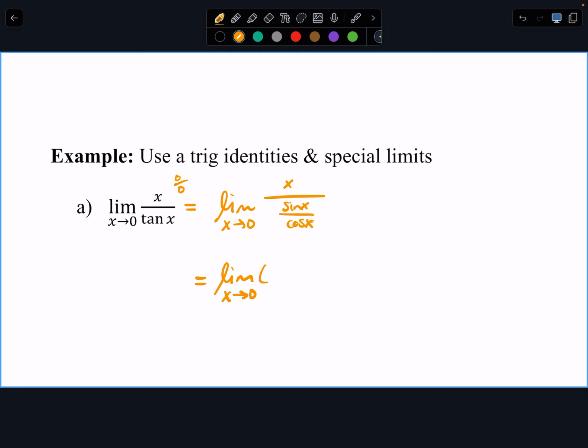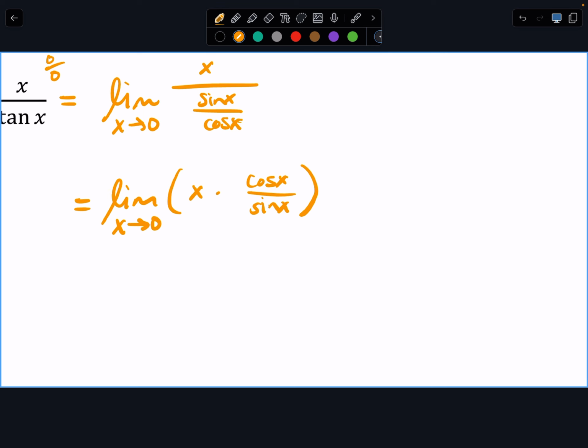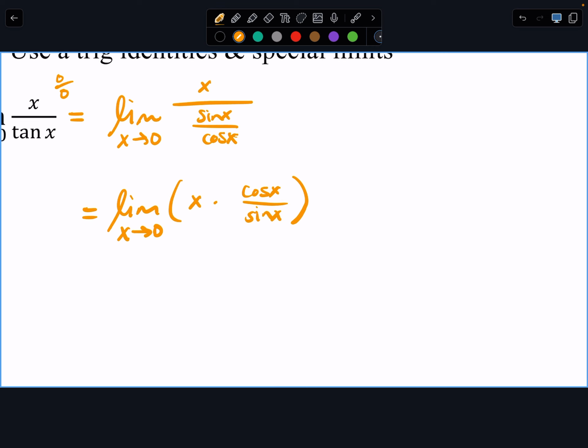You're dividing by a fraction, so take the reciprocal of what you're dividing by and multiply. And then, using the commutative property of multiplication, we could think about rewriting this as cosine times x over sine.